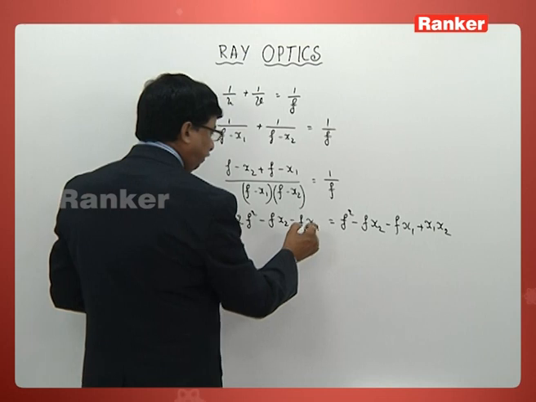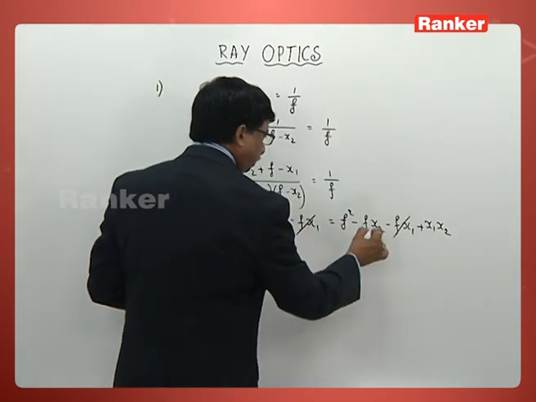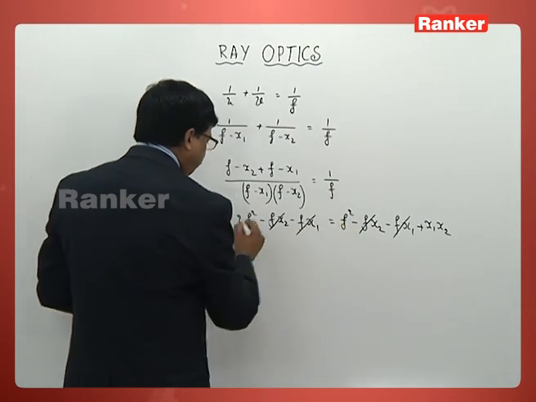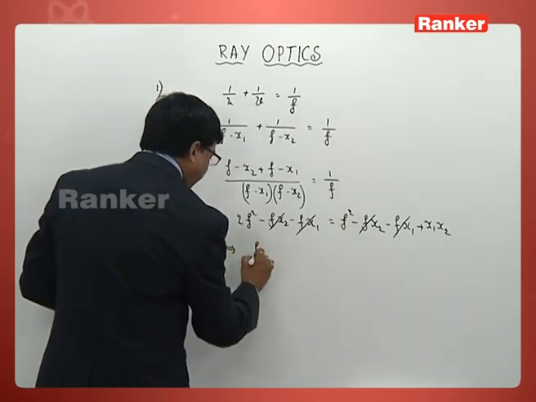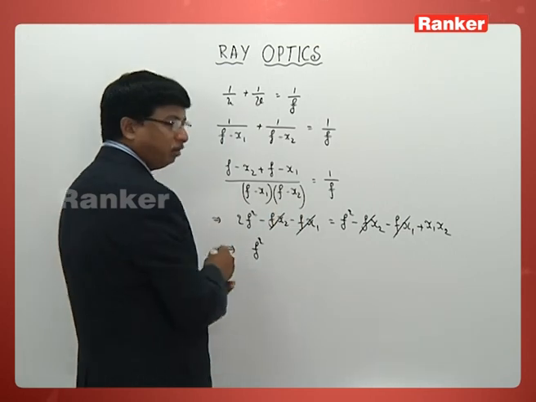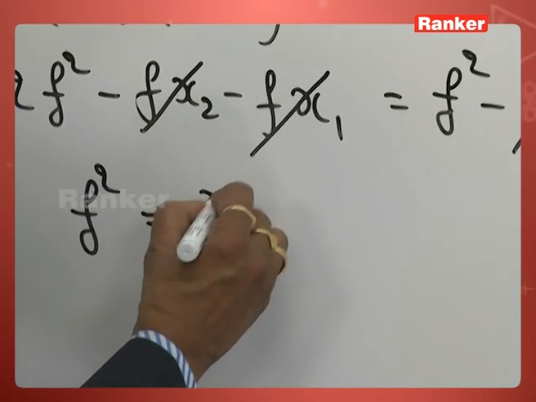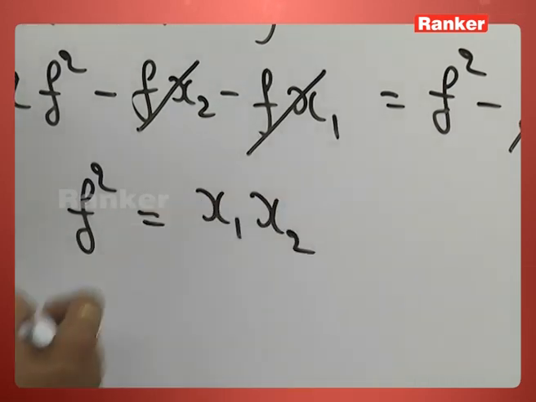Now on both sides minus f x1 you can cancel, minus f x2 you can cancel. Bring this f square to this side so that you will be left with 2f square minus f square. That now becomes f square, which is equal to x1 x2.